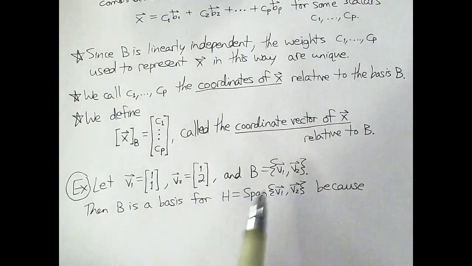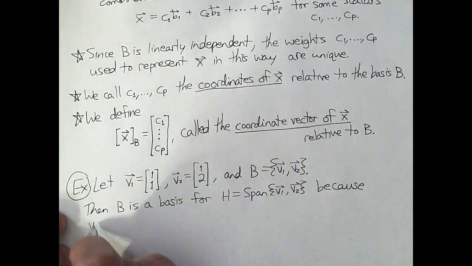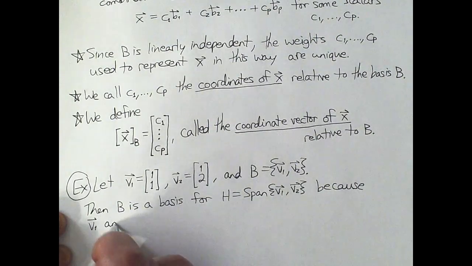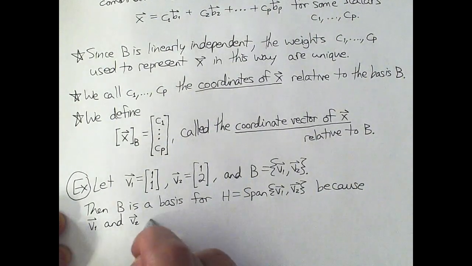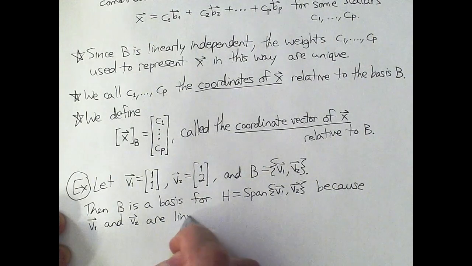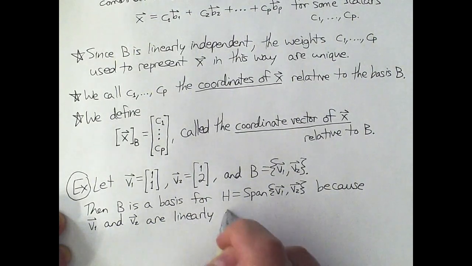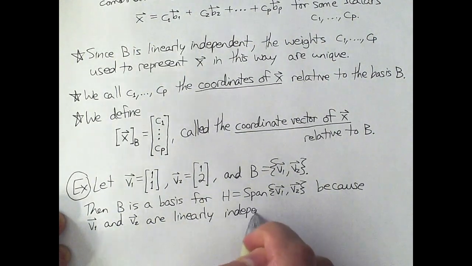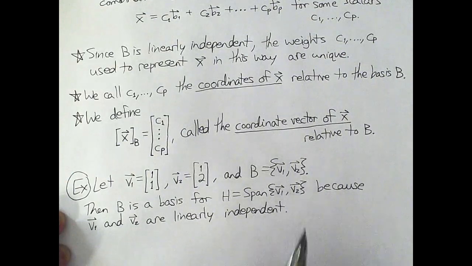The span of the basis vectors is definitely a subspace. But how do I know that this is a basis? It's because v1 and v2 are linearly independent.